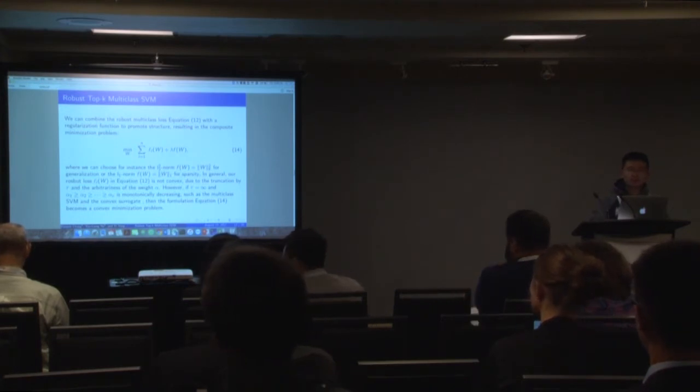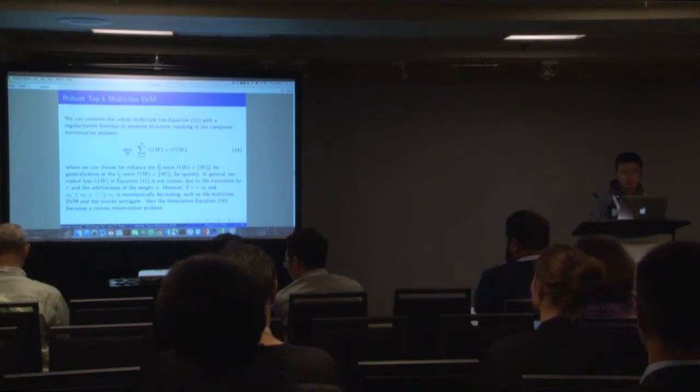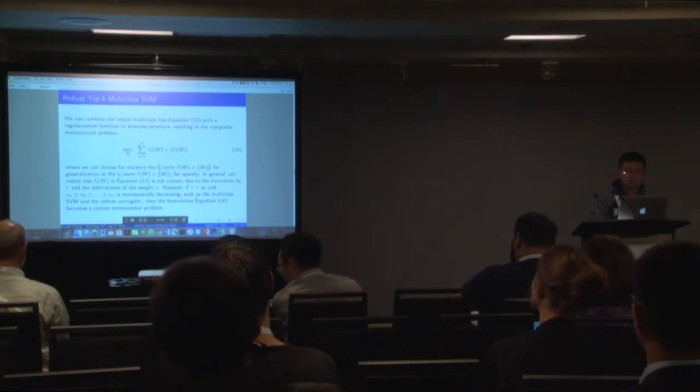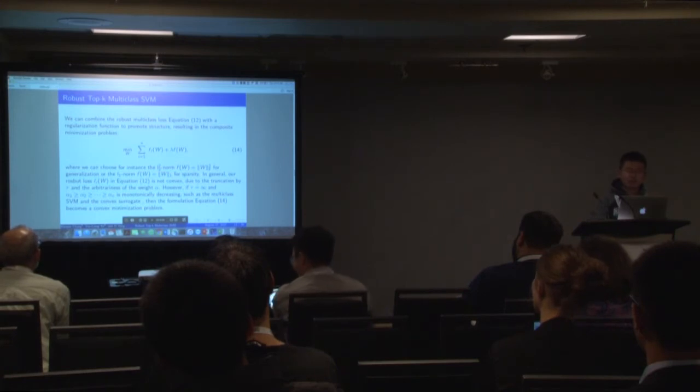In general, our robust loss in equation 12 is not convex due to the truncation by tau and the weights alpha. However, if tau equals infinity and alpha 1 is larger than alpha 2, and so on down to alpha c, that is, monotonically decreasing, such as in the multiclass SVM and the convex version, then the formulation in equation 14 becomes a convex minimization problem.